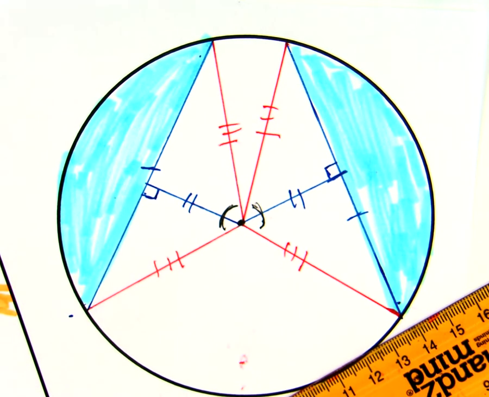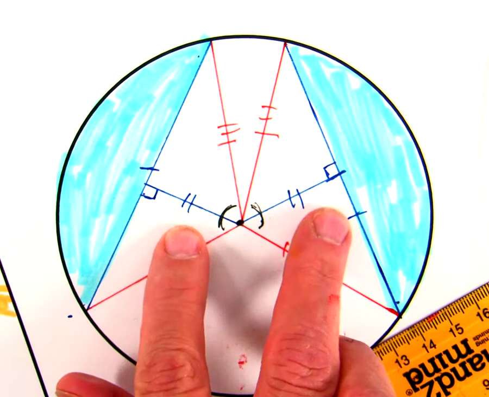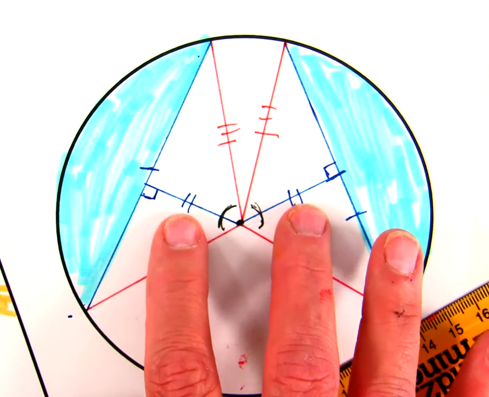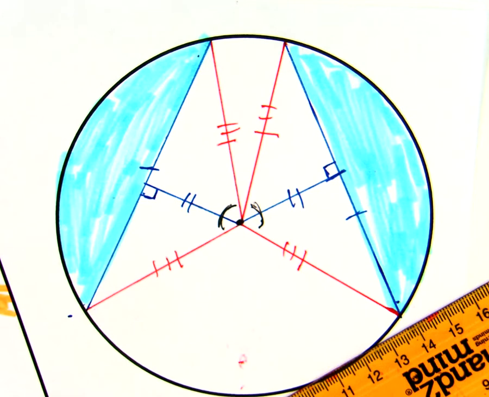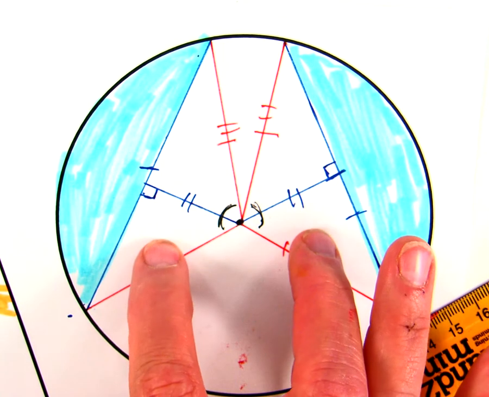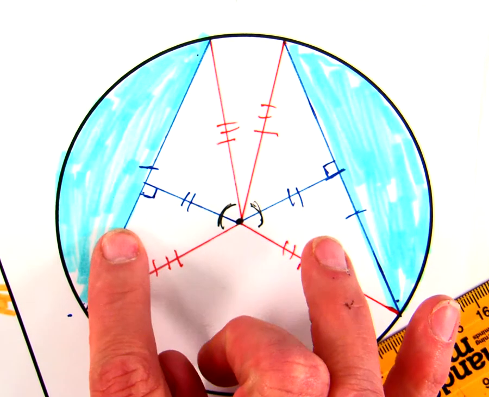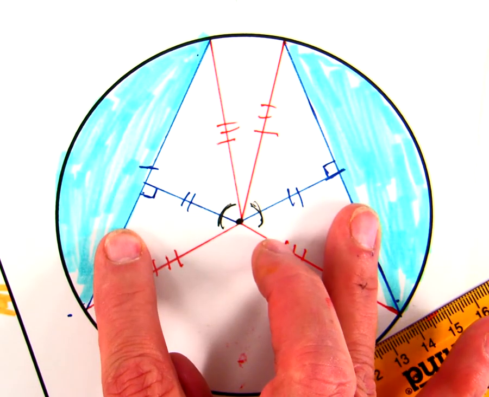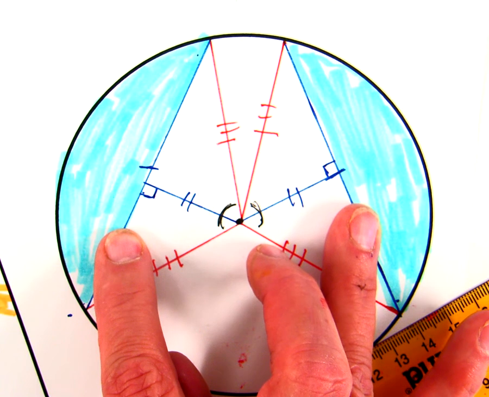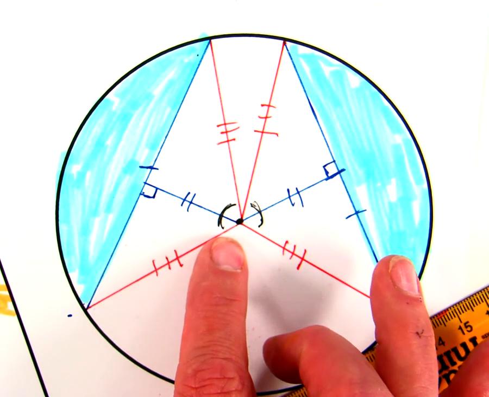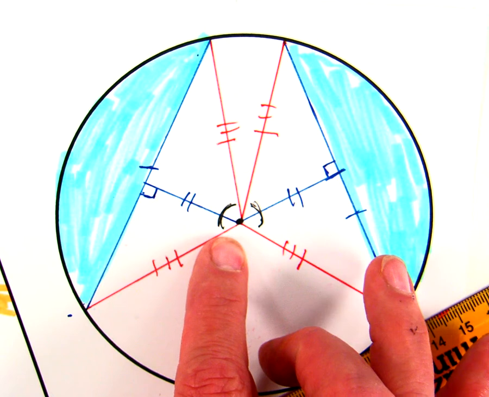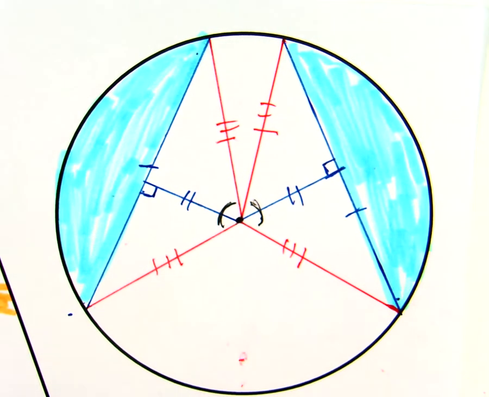Okay, so what do we have then? We started with the chords being the same, and the distance from the center being the same. What I started with here was congruent triangles, and I know that the chord on the outside is equidistant from the center. That gives me that the chords themselves are congruent.